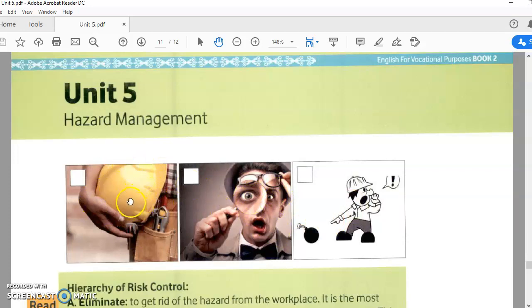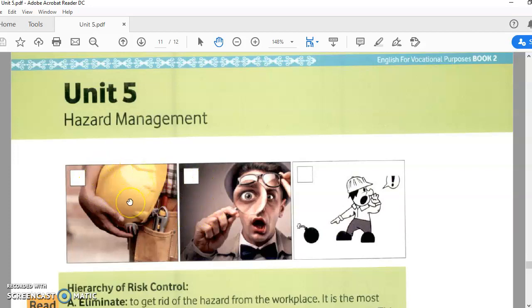The first picture, or the picture on the left, is obviously risk control, controlling the risk by following the steps we talked about at the beginning of the lesson today.